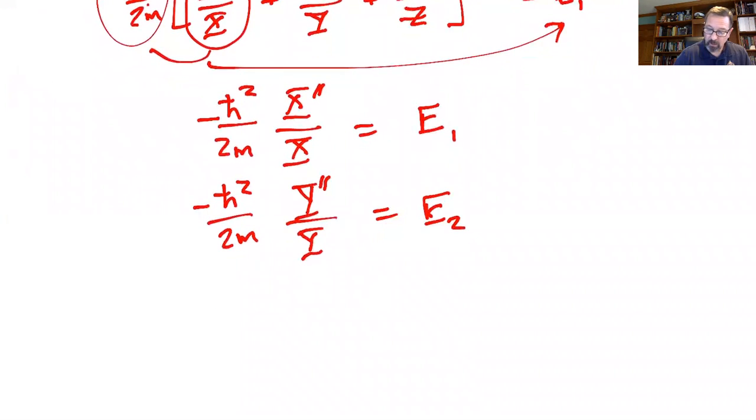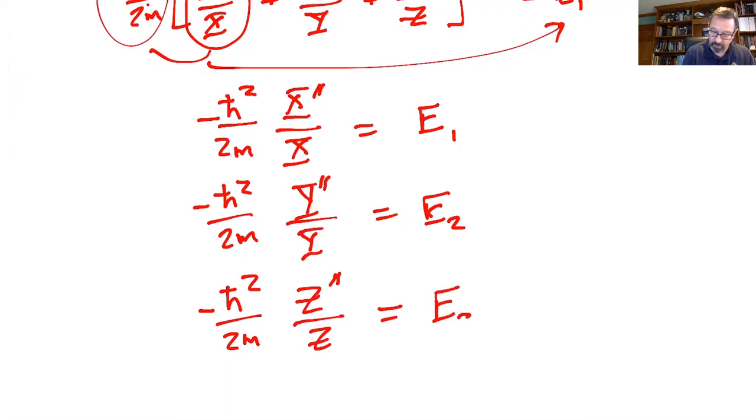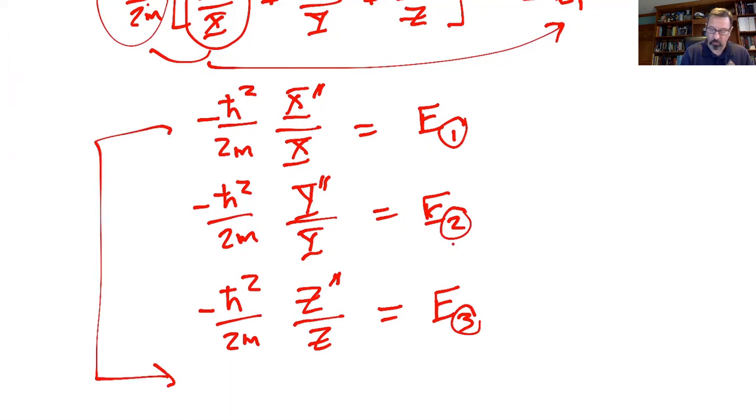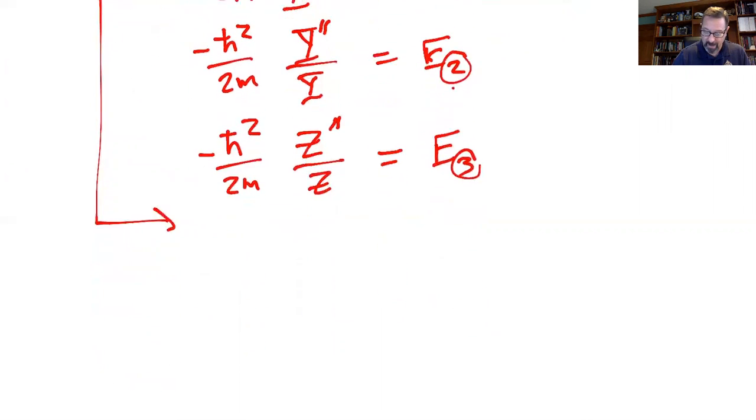And then the last one would be minus h bar squared over 2m, z second derivative divided by z, would be equal to E3. And hopefully you realize if I can solve one of these, like the x function, I can solve all three. They're all exactly the same with just a slight difference. That's the subscript 1, 2, and 3, but they'll all take the same form. So let's just solve the first one, and then we'll write out the second one, hopefully by analogy.